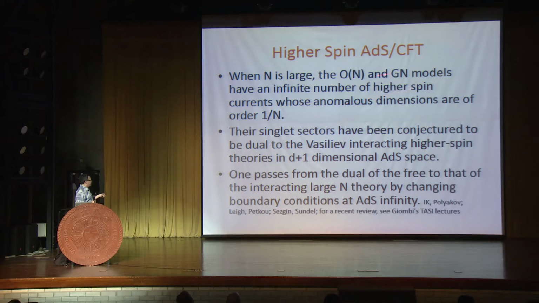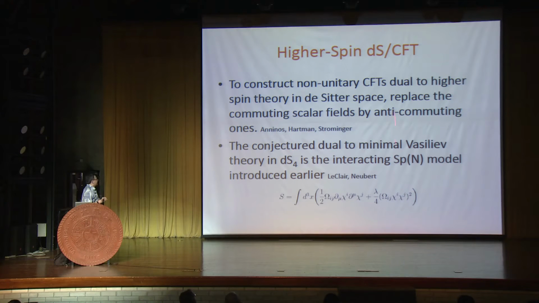There are, of course, duality conjectures relating O(N) and GN models to Vasiliev theory in AdS space. Then there are similar conjectures relating models with anti-commuting scalars to higher spin gravity in de Sitter space by Anninos, Hartman, and Strominger. And they looked at this original similar quartic model with Sp(N) symmetry.